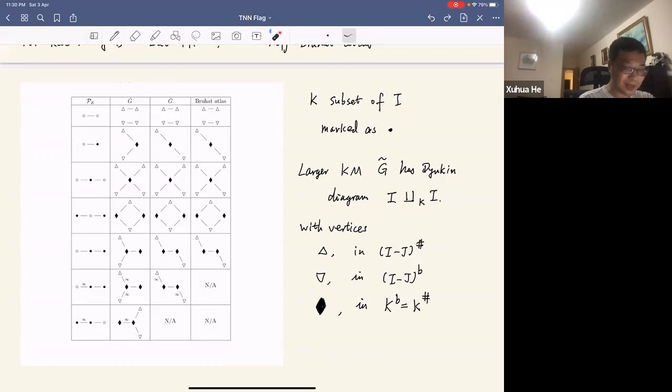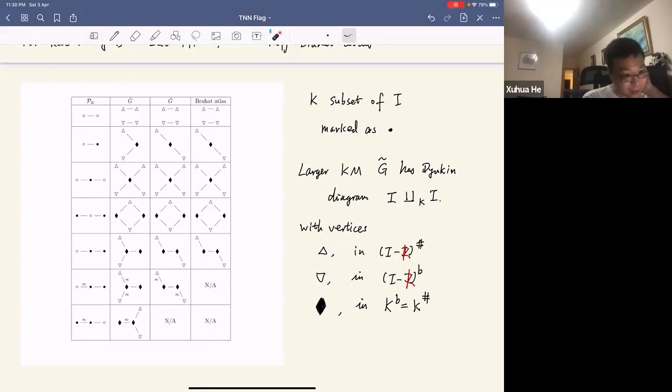Here the vertices have three types. Sorry, this is a typo, it should be K. For those lying in I but not in K, we have two copies. We use a white upper triangle and a white lower triangle.